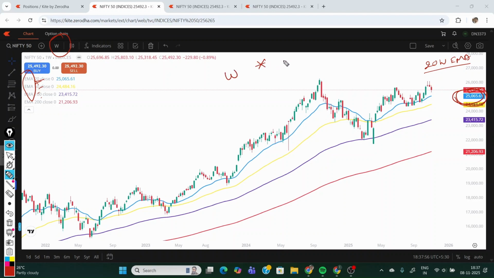The important level, that is 20 period, is 25,065, and 50 period moving average is 24,484. So almost 500 to 600 points away from this level. There is a big gap between both these weekly averages. We'll leave the weekly time frame here and move to 1 day time frame.